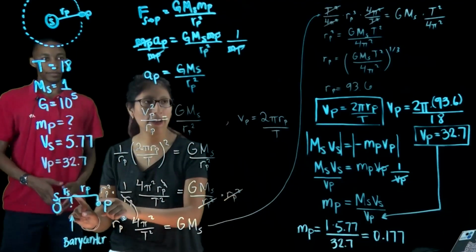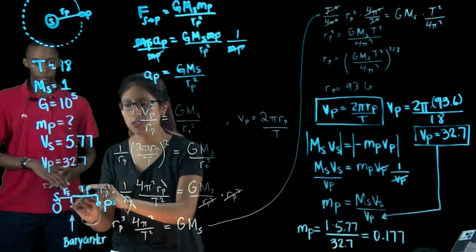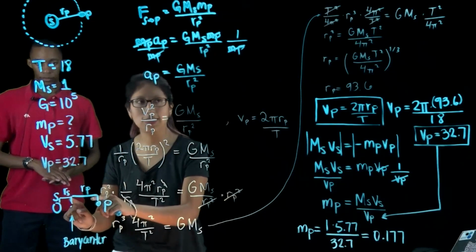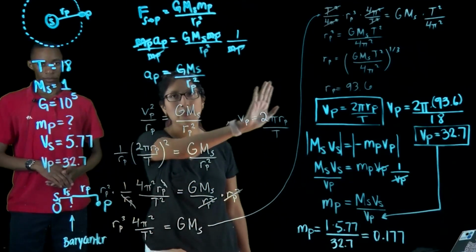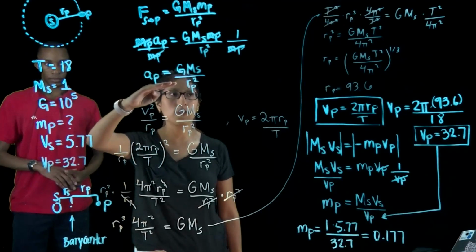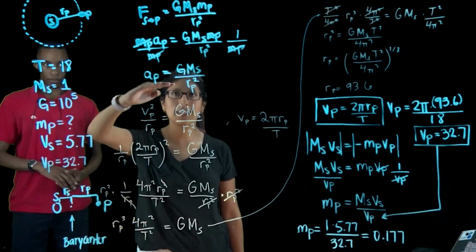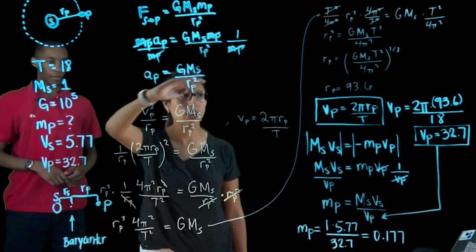So now that we have, I said we're going to use this radius of the planet and this radius of the sun. Again, all this is not going to work anymore. And we're going to start from scratch again from this acceleration equation.